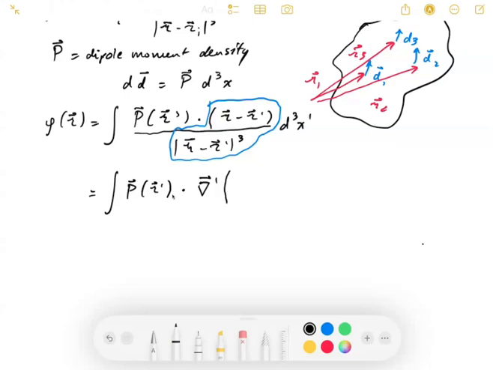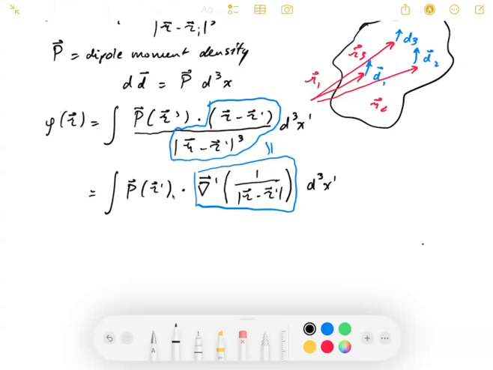And then it's the gradient of a scalar quantity, which is simply 1 over the magnitude of r minus r prime, the inverse of the magnitude of that difference in positions. And if you take that gradient, you get the same function. So these things in the blue box are the same. And then, of course, we still need to integrate over the volume.